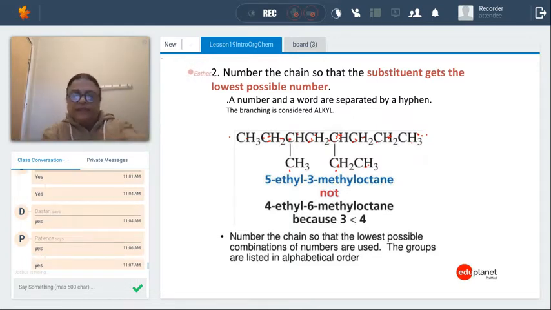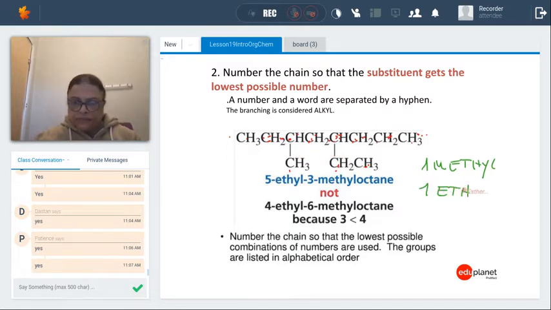Okay, now let's see the branching. I have one methyl, this one, and I have one ethyl. So how do I count?